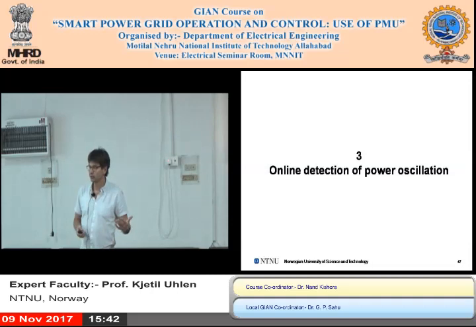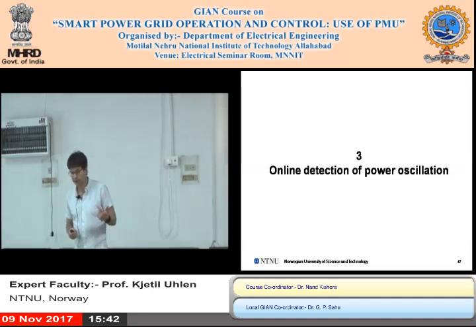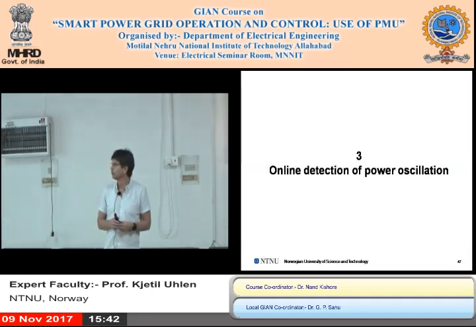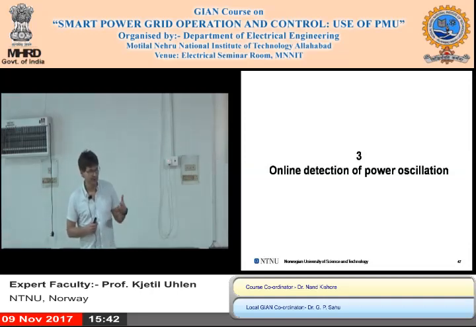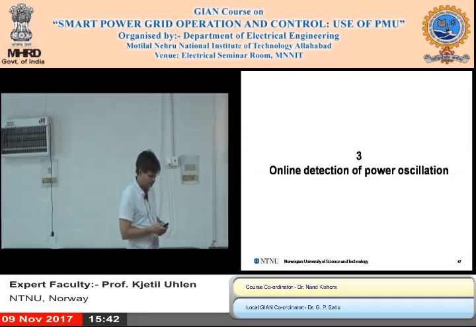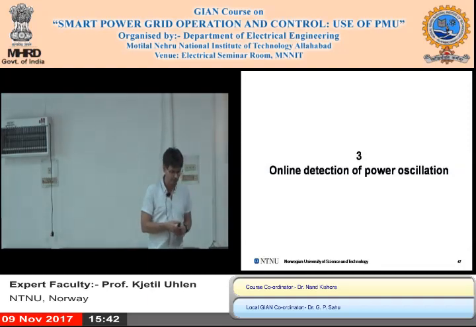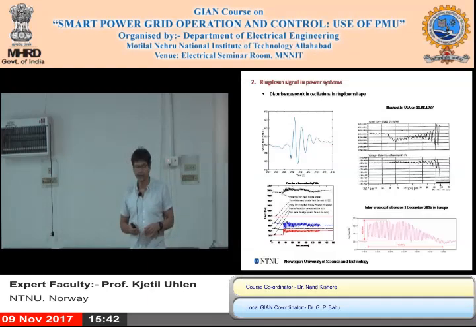What I talked about yesterday or the day before, I don't remember, was that one method of identifying the frequency and damping of power oscillation was to use the Prony method.